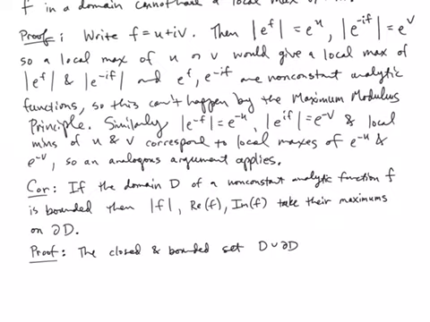So if you add in the boundary points for D, we now have a closed set. On the closed and bounded set there, those three functions have to obtain a maximum.